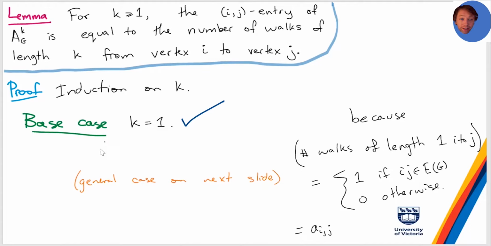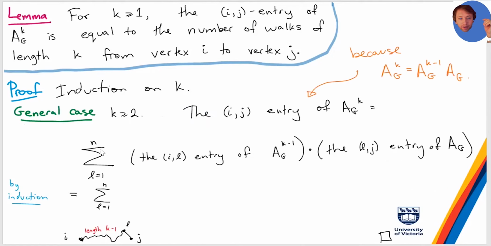Basically the idea is, if I want to get a walk of length k from vertex i to vertex j, that's the same thing as picking an intermediate vertex, let's call it L, and counting ways to go from i to L in k minus 1 steps, times the number of ways to go from L to j in 1 step, which is just 1 if and only if there's an edge.